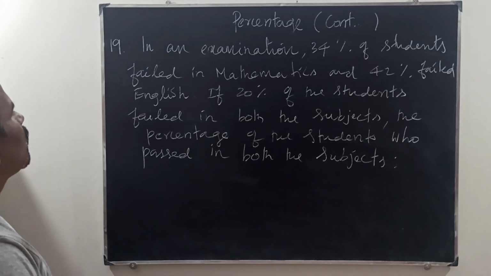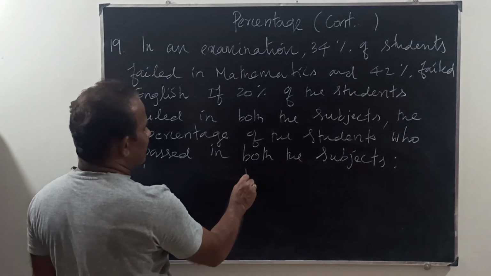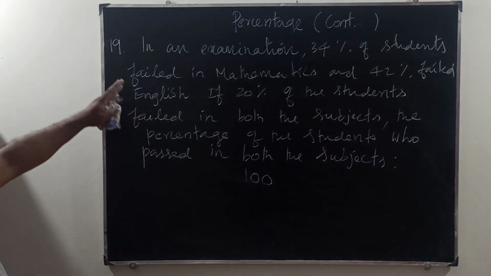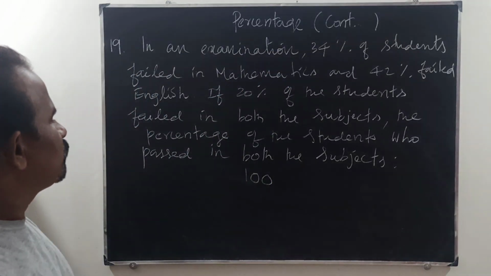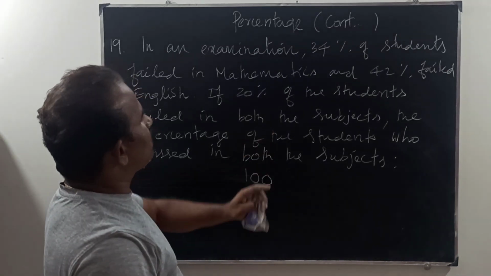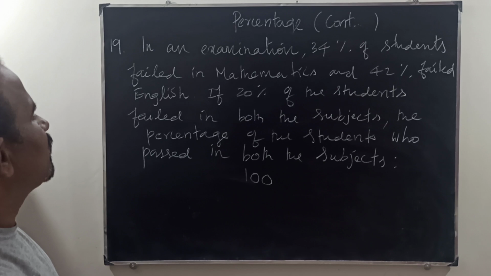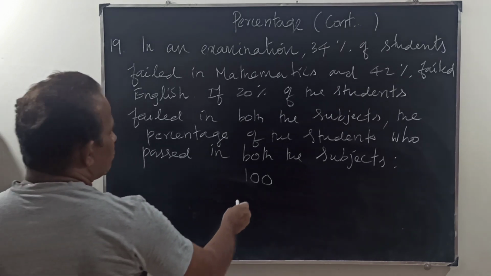Suppose the total number of students in the class is 100. Everything is given in percentage; the total number of students is not given. So let us take the total number of students of the class as 100.